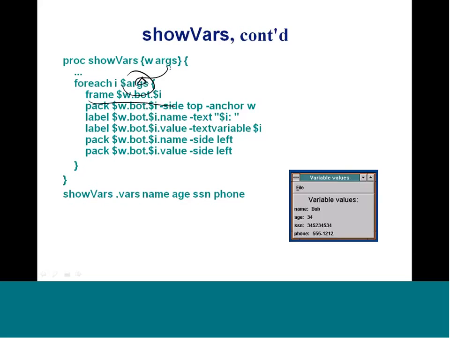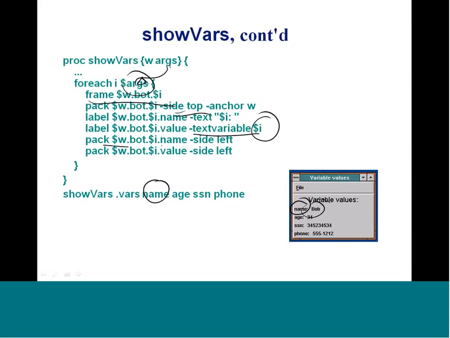So name, it has a name on it, and that is set to the top. Then that has the text of whatever argument is passed. For the name it is just the name. And now we also assign a value, which is the text variable $i, which is getting it from the flow itself. Basically, there is no binding there.